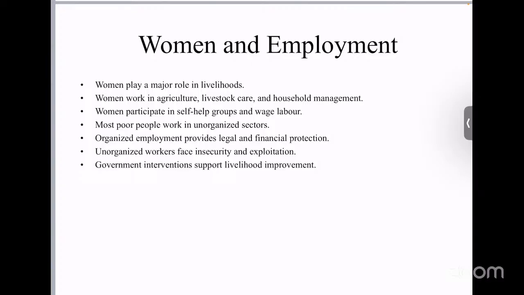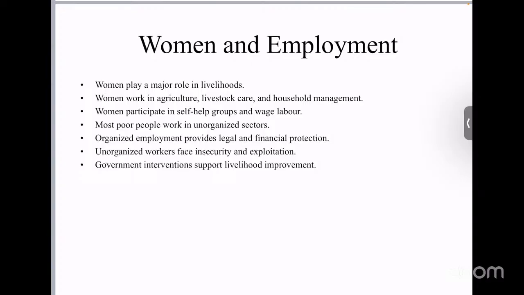This unit also explains organized and unorganized employment. Most people in India work in the unorganized sector.